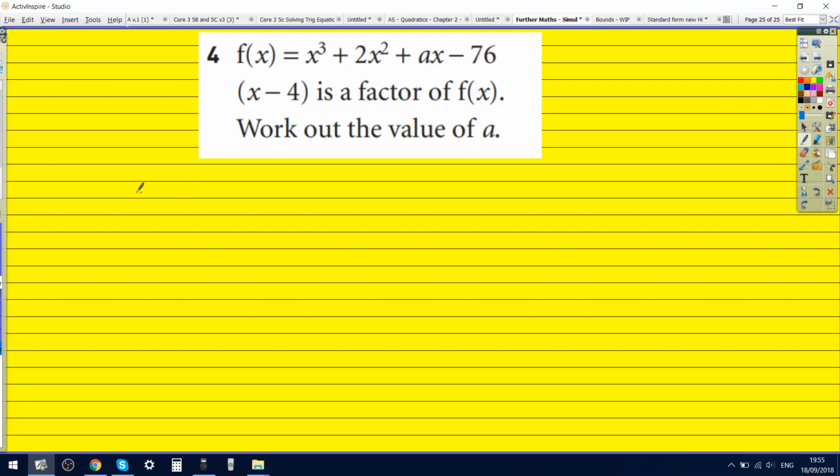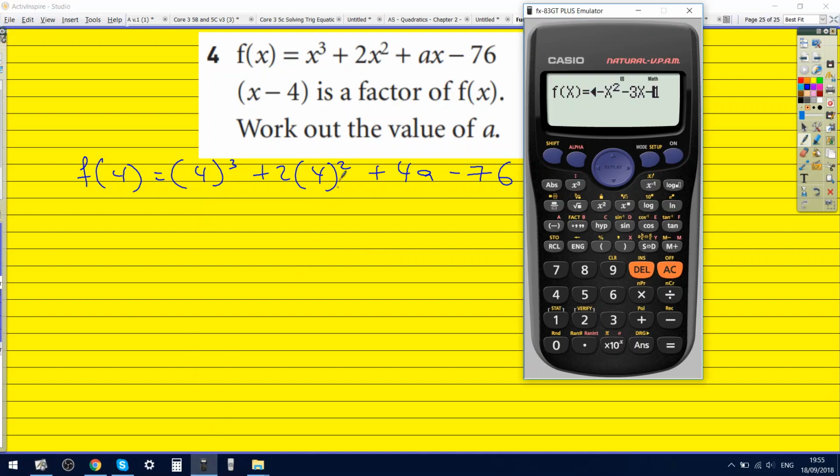So we have x equals 4. We sub in f of 4 equals 4 cubed plus 2 times 4 squared plus 4a minus 6. So 4 cubed is 64.